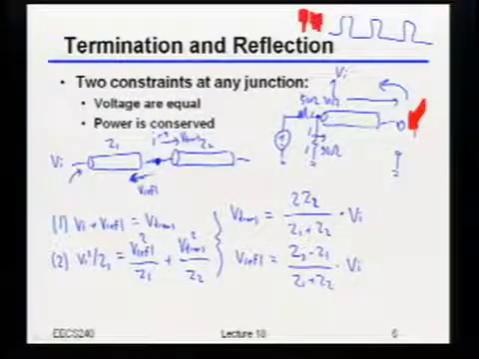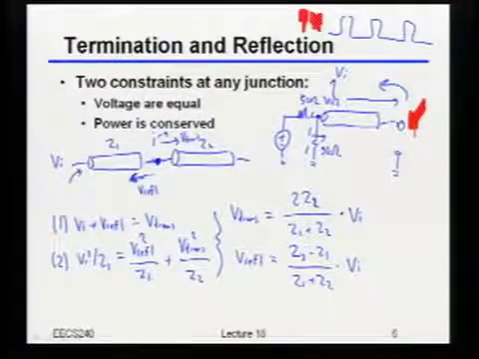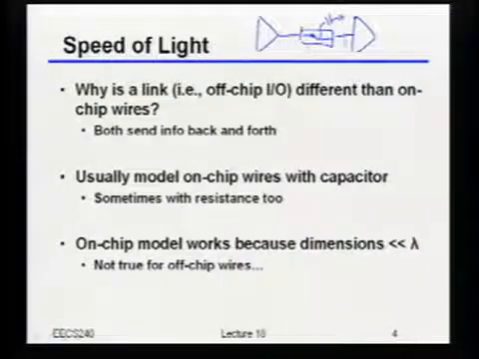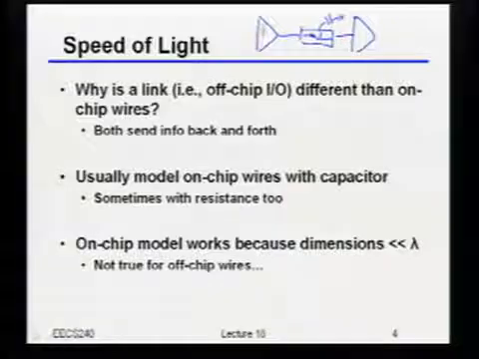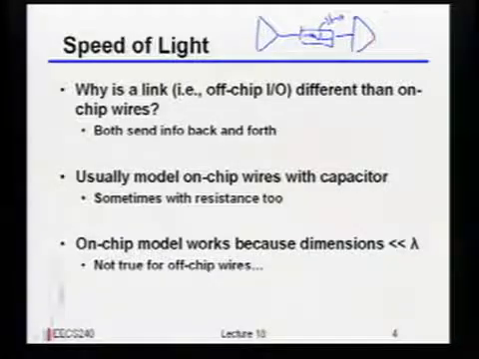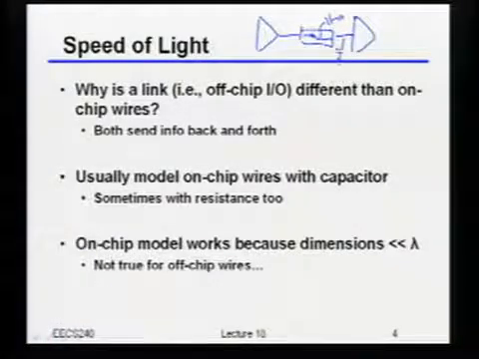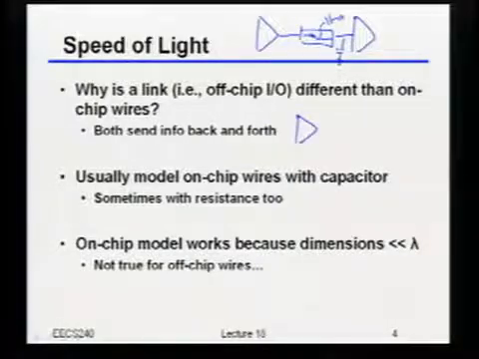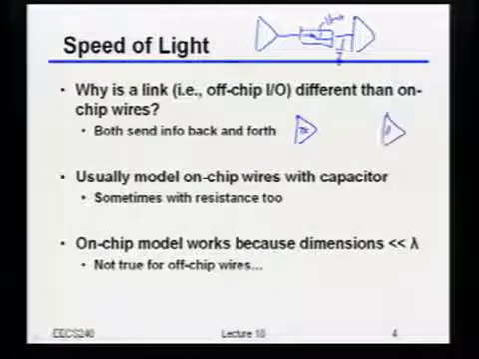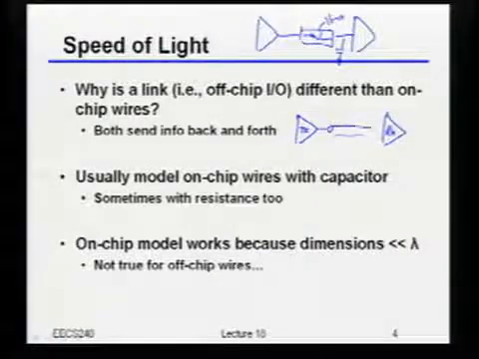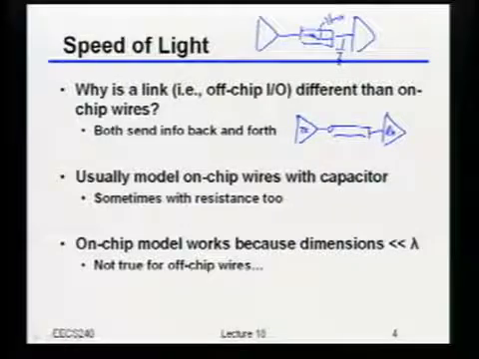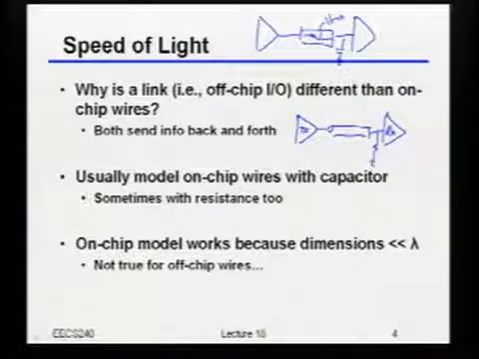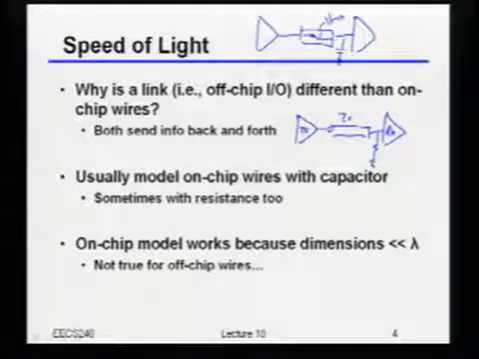In particular, when you build your circuit, unlike our on-chip wire example, where we just have one amplifier driving another amplifier with a capacitor sitting there, when you have one high-speed transmitter driving a receiver over a transmission line, you want to terminate that line as close to the characteristic impedance as you can.